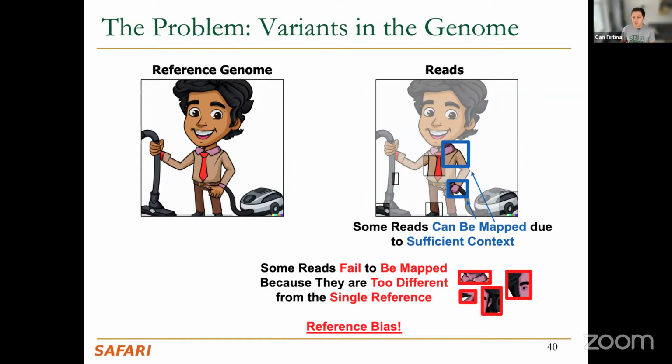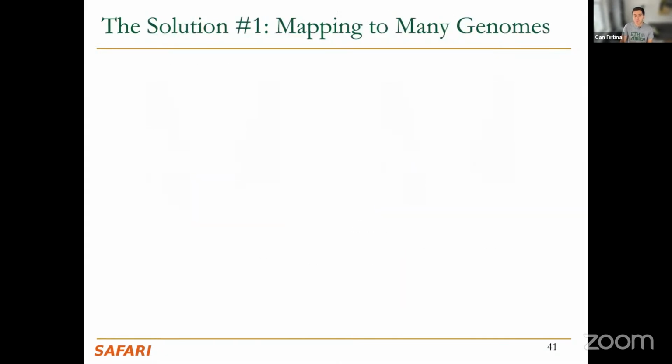This is simply because we use that particular reference genome. If we had used a reference genome that is relatively close to that individual, then maybe we would be able to align these reads using the same algorithm. So the question is, is using a single reference genome a good idea? This is known as reference bias.